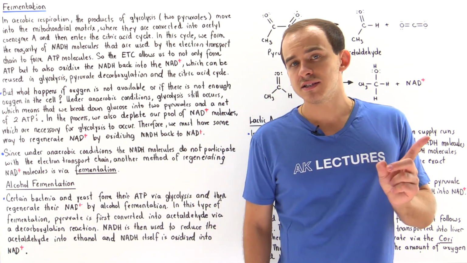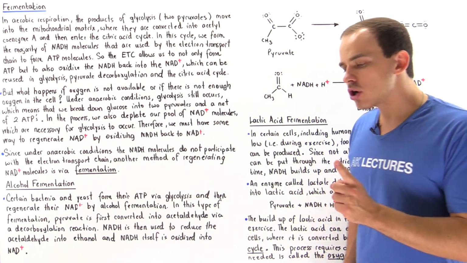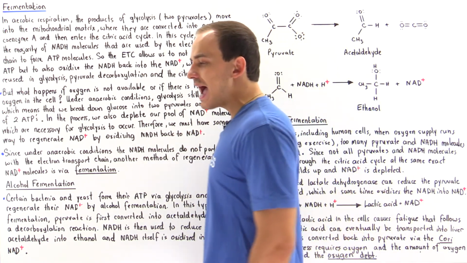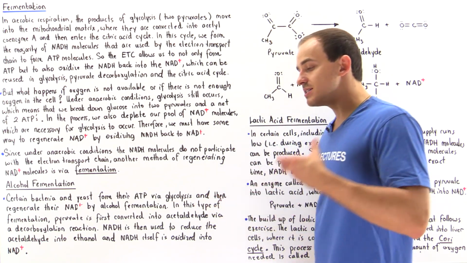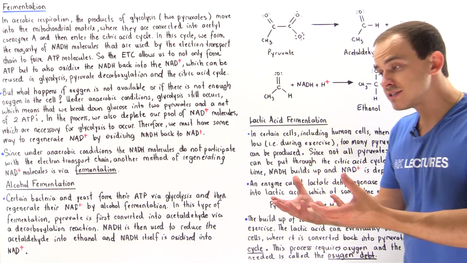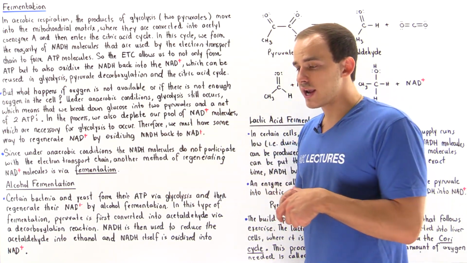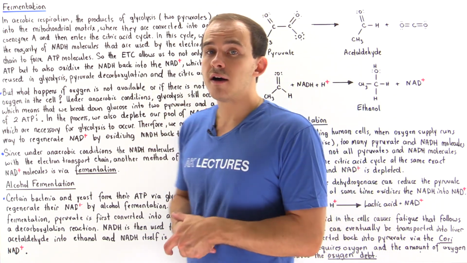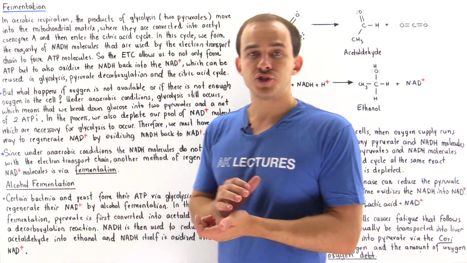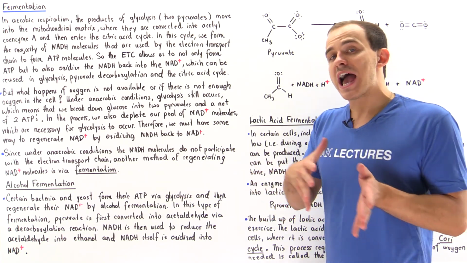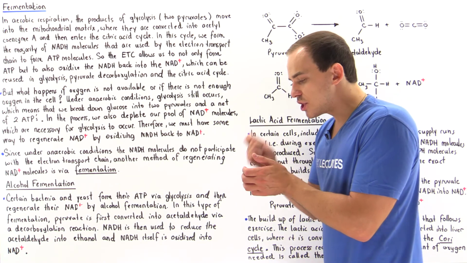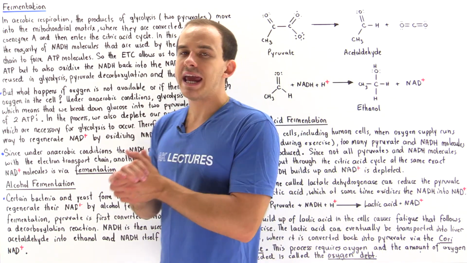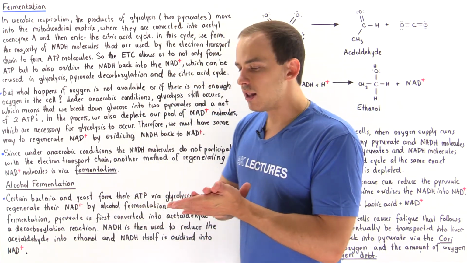Remember, glycolysis can take place regardless of whether or not we actually have oxygen present in the cell. So glycolysis is the first process of aerobic respiration, and it's the first process of anaerobic respiration as well. However, under anaerobic conditions, glycolysis is the only method by which we produce ATP molecules in the cell.